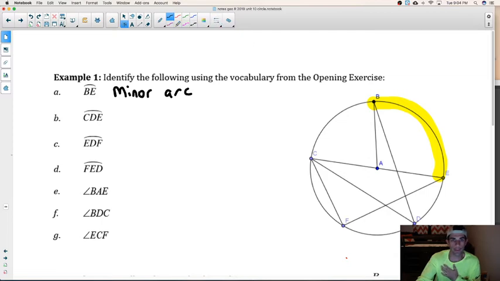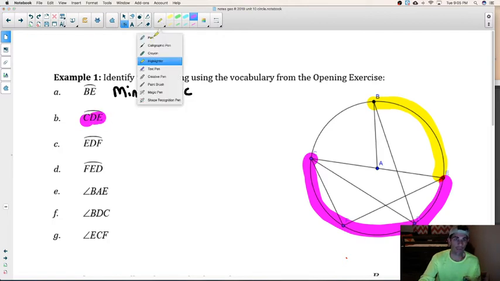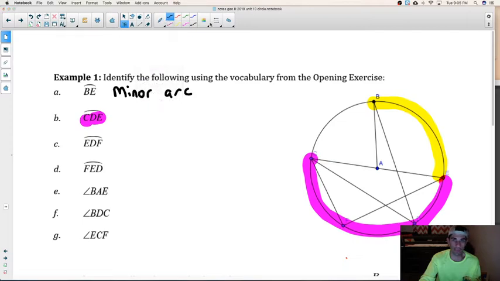All right, now let's go to arc CDE. So I got to trace in that direction. First hit C, then hit D, then hit E. So arc CDE was half the circle, right? And how do I know that it was half the circle?